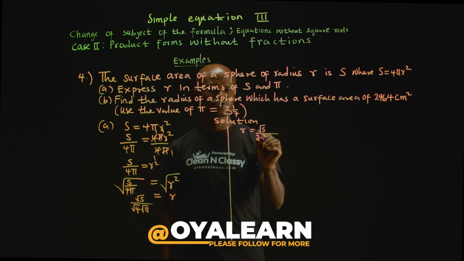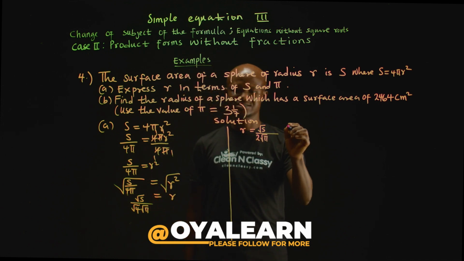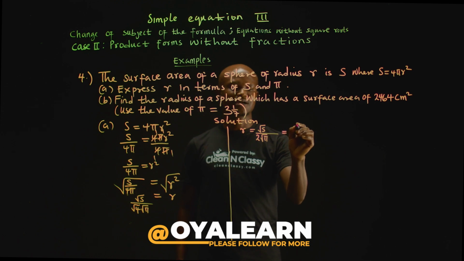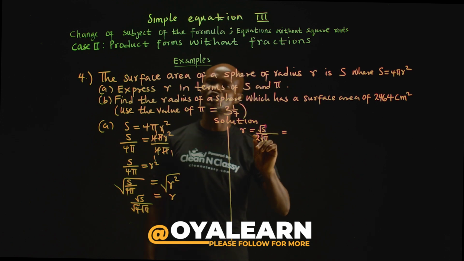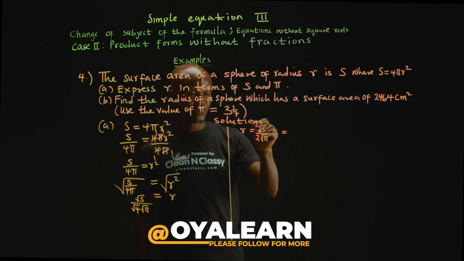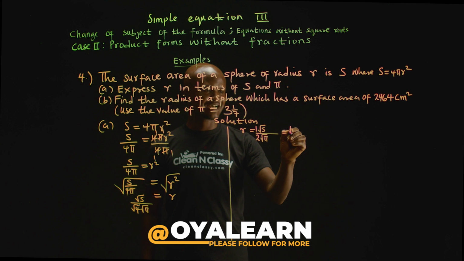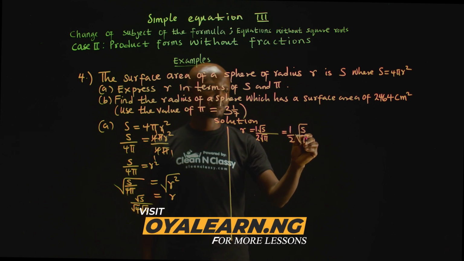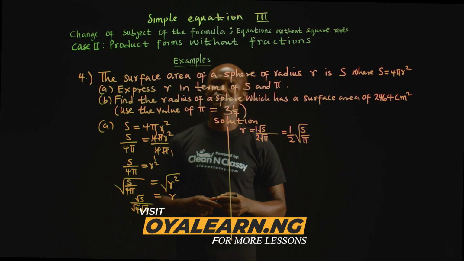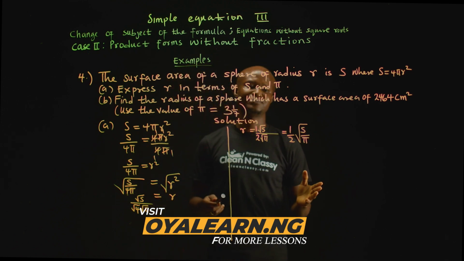So we have 2 root pi here. And we can combine this as 1/2 outside, because the coefficient of the square root of S is 1. So we can write this as 1/2 square root of S over pi. That is the solution to the first part of the problem.